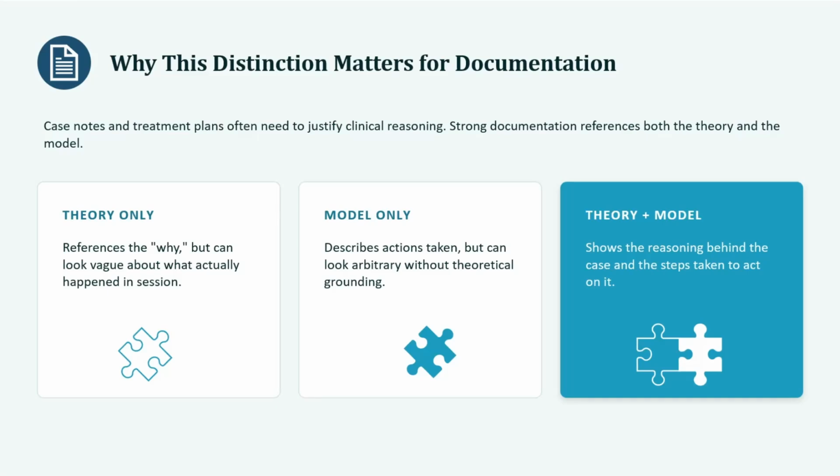And a note that only describes the actions taken without any theoretical grounding can look arbitrary. But when you reference both the theory and the model, your documentation shows the reasoning behind the case and the steps you took to act on it. That's what holds up under supervision review or an audit.